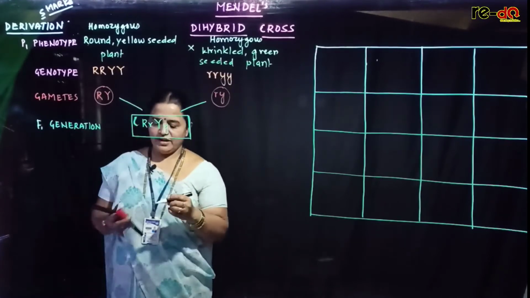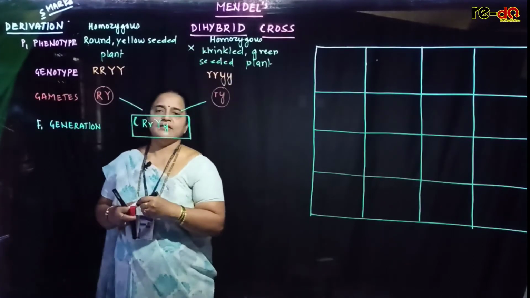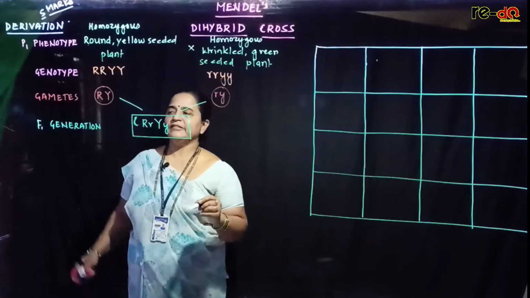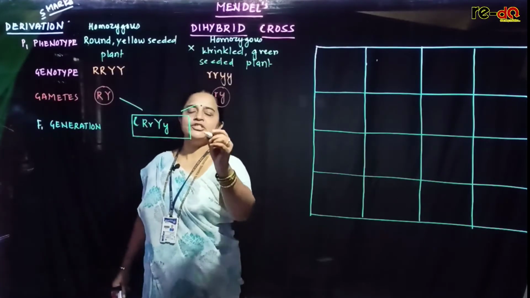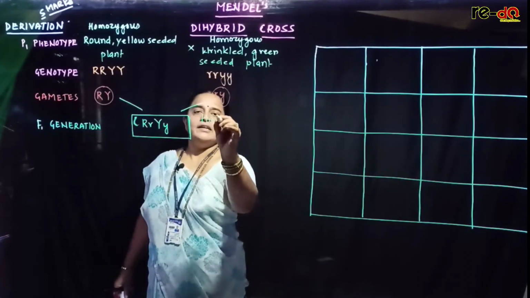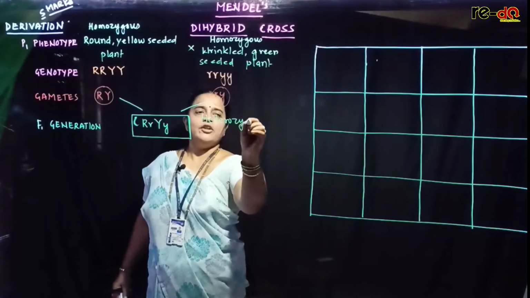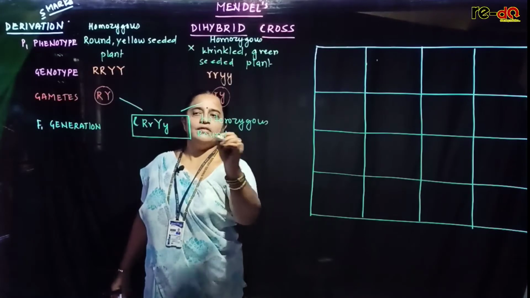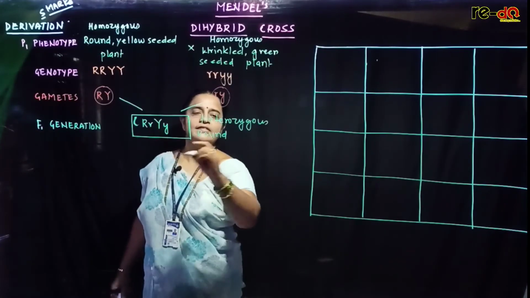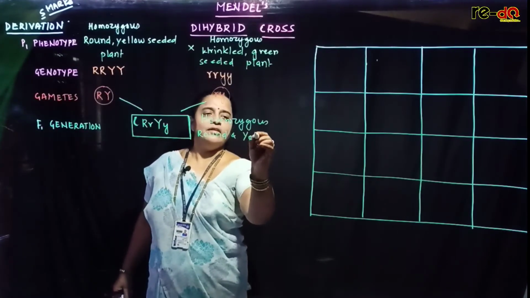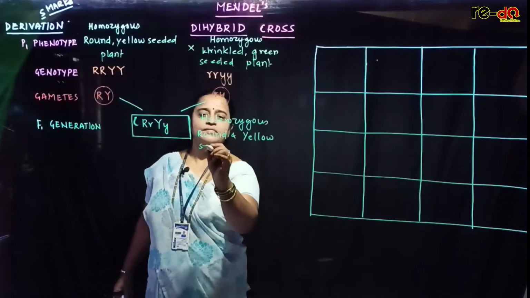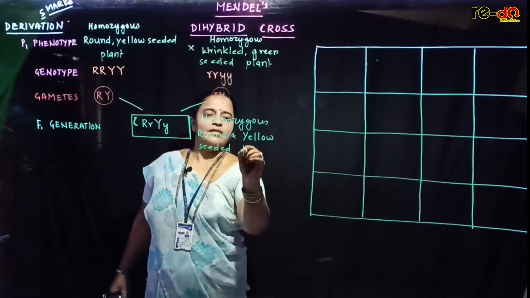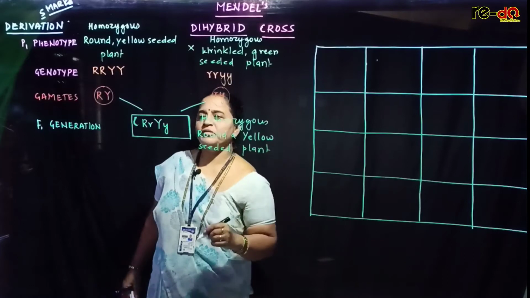So this is the way to write the genotypic expression of the F1 generation plants. It is heterozygous round yellow, round, wrinkled is suppressed, round yellow seeded. This is as per Mendel's observation.